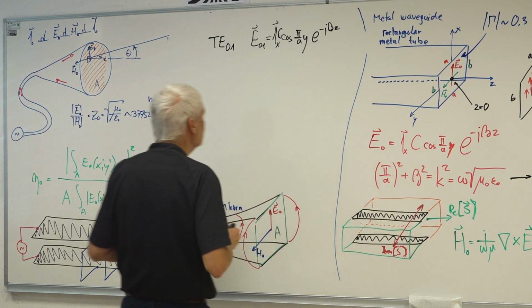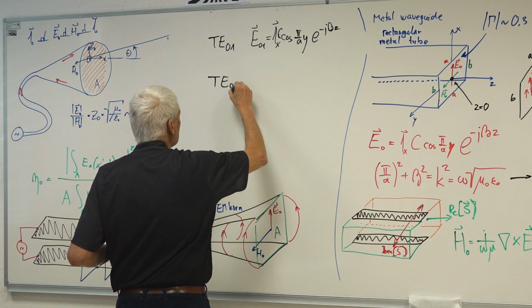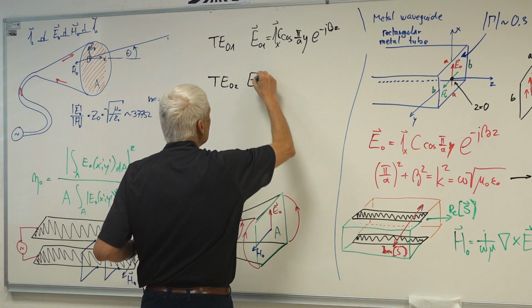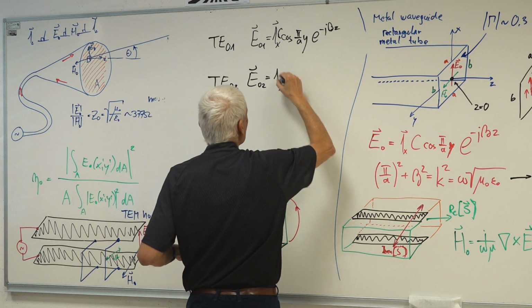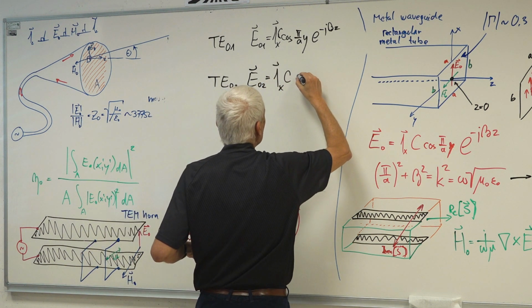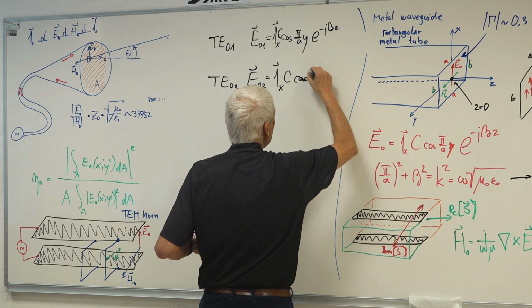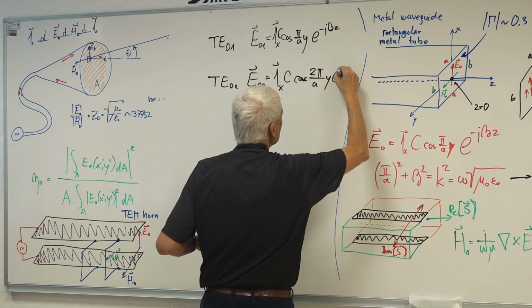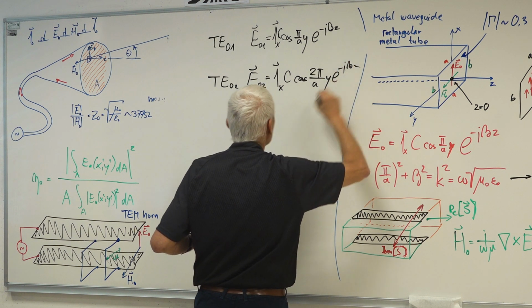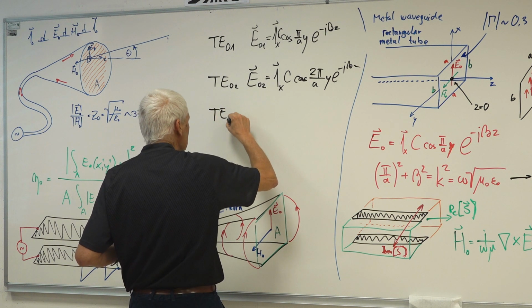But we have higher modes. The next higher mode is TE02. It's still the direction 1x, constant, cosine, but here it will be 2 pi over a y e to the minus j beta z. And the higher mode in the other direction is TE10.